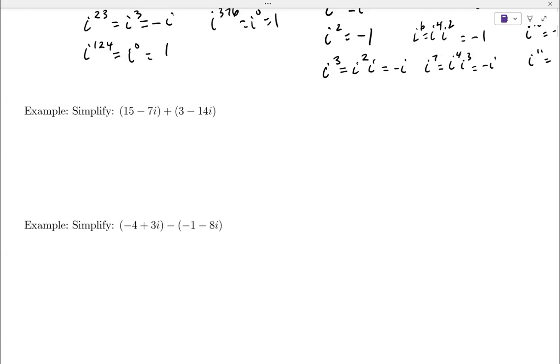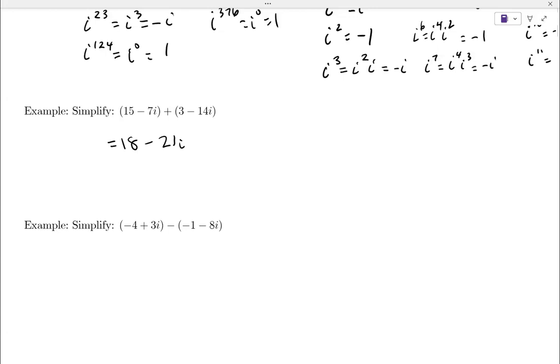I would just add my 15 and 3. I would add my -7 and -14, right? Those are the like terms. It's literally the same thing you do for complex numbers. It's not any different, okay? So for complex numbers, you would just combine like terms. So you get 18 minus 21i. That's it. Literally not any different, okay?